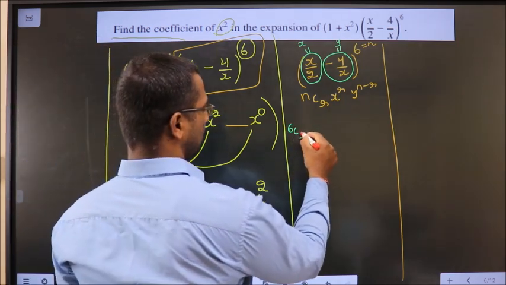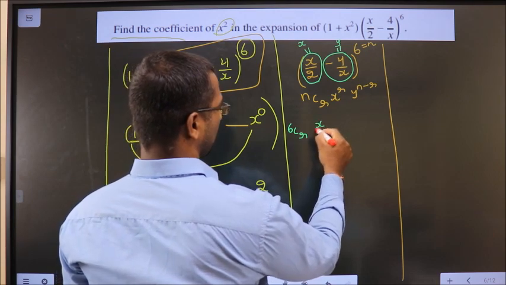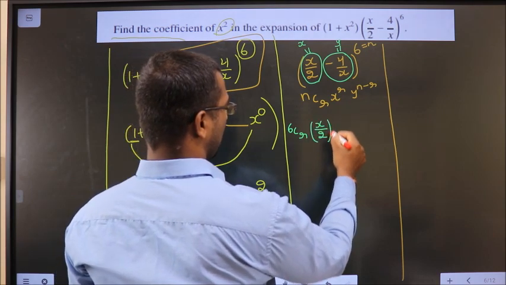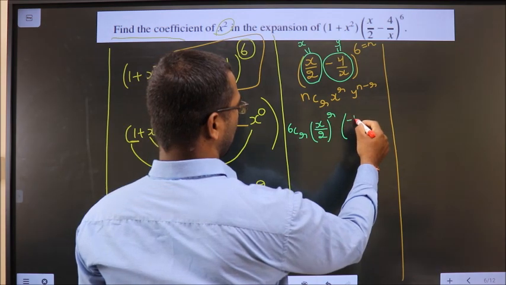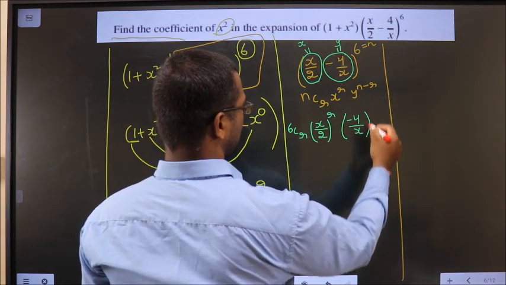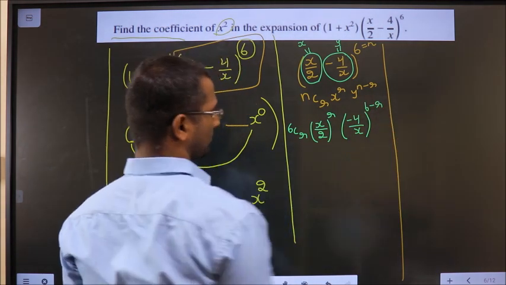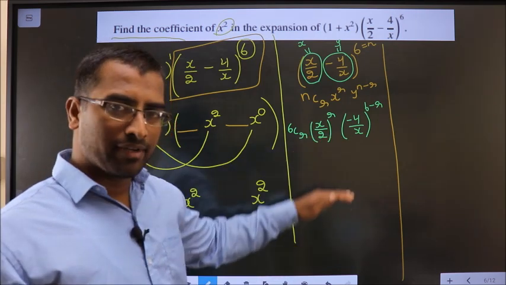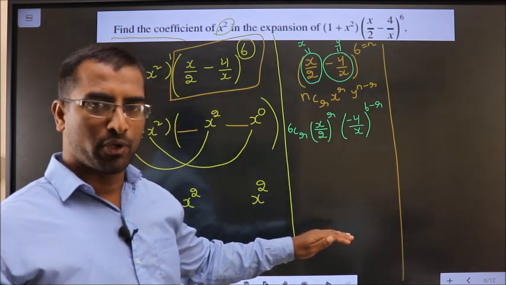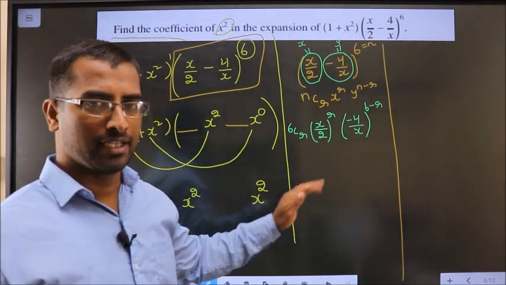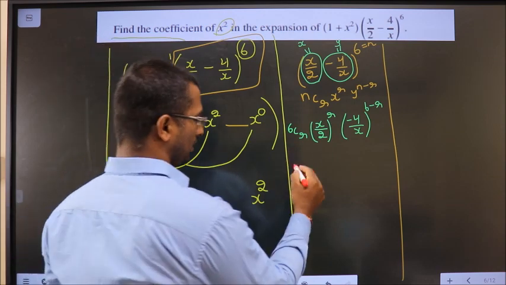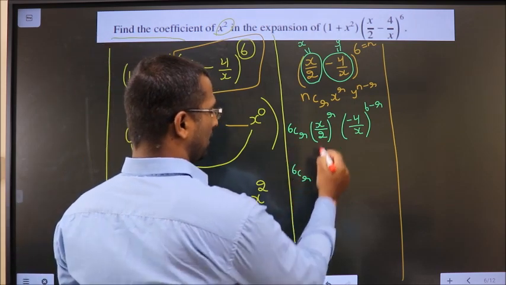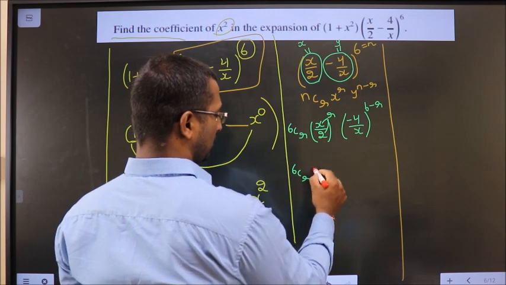Okay. Now place in this. So you get 6Cr (x by 2) power r times (minus 4 by x) power 6 minus r. Simplify this to the maximum extent possible. And how do we simplify? See, 6Cr, apply the power to each.